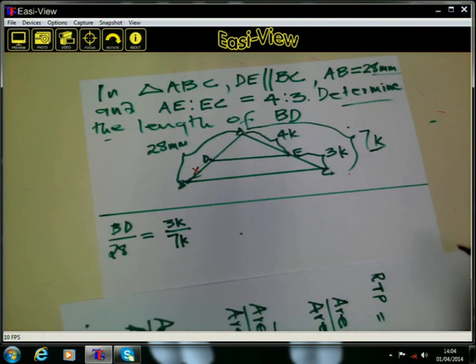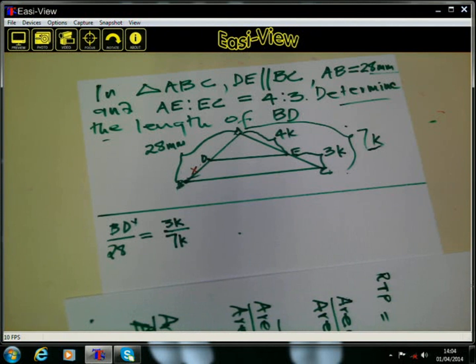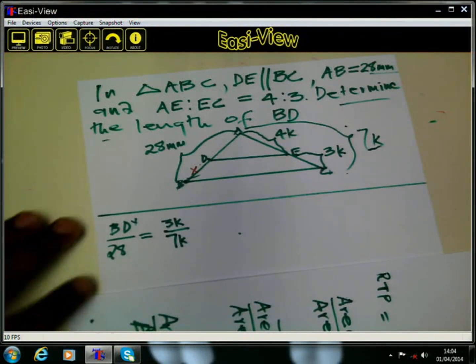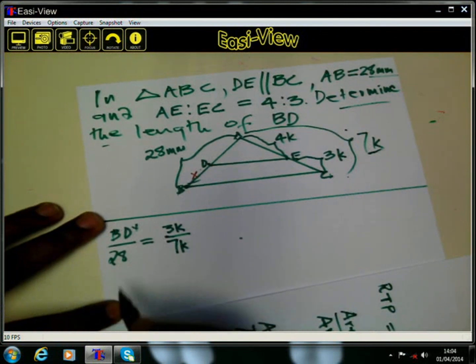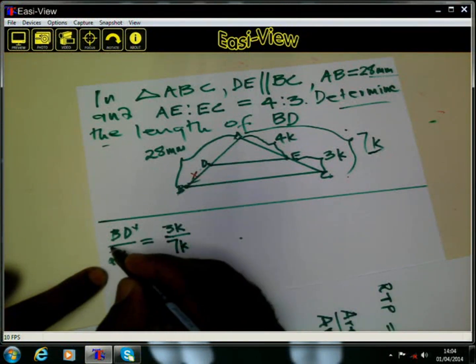Fine. What is it that I want? I'm looking for this. So I must turn the side BD into the subject of the formula. I'll get rid of this. And how do I get rid of this? I'm multiplying throughout by 28 over 1.